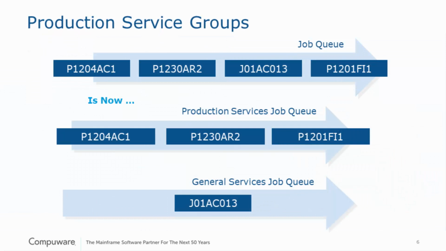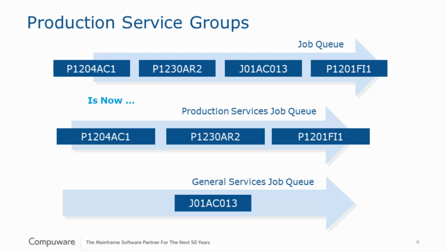Just to dive a little deeper, for production services groups, if you're an Automated Edition customer, you know that there's a single job queue. In a lot of our sales presentations, we always talk about a single job queue, and every 10 seconds ThruPut Manager goes through that and reorders the queue based on priority. What we did in April was give you the ability to add a second job queue, the production services job queue.